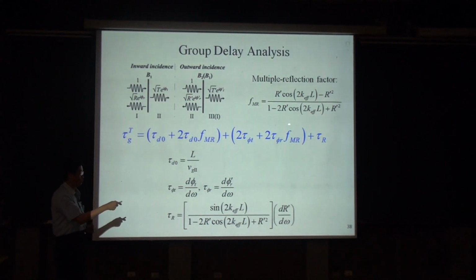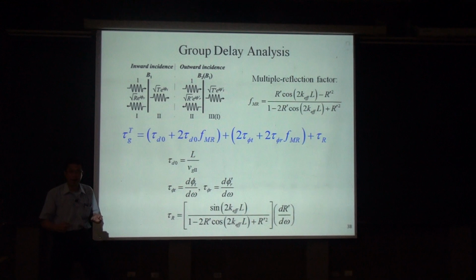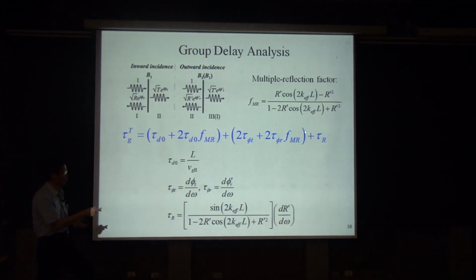This one is new. No one mentioned this term before, because in most systems, they don't have to worry too much about the high order mode. However, in our case, the high order mode will modulate the phase. So this is a new term. We are going to use this one to control the group delay and let the group delay become negative.